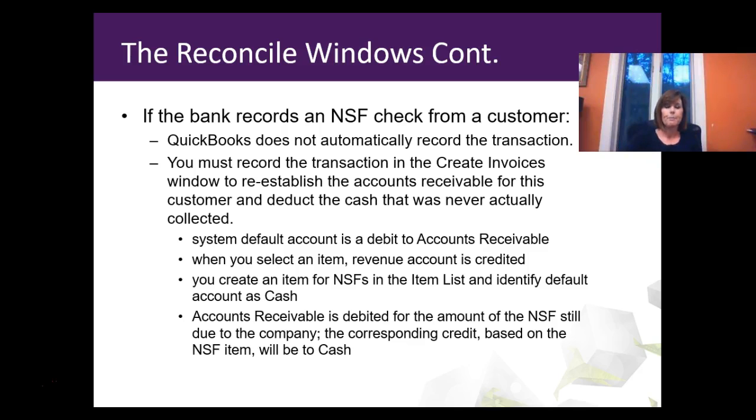And then the credit will be from a revenue account. You also need to create an item in your list menu for non-sufficient funds, and the account for that should be cash. And so accounts receivable gets debited for the amount of the NSF check, and the corresponding credit is to the NSF item.